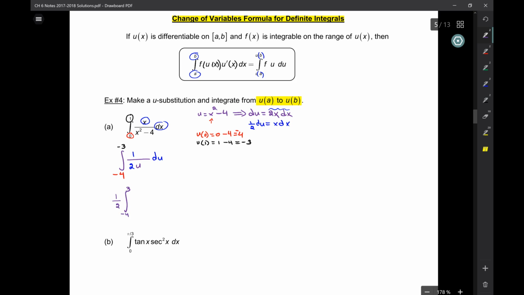So negative 4 to 3. And then this is 1 over u du. Oh, thank you. So then this is going to be 1 over 2. What's the integral of 1 over u? ln of u.